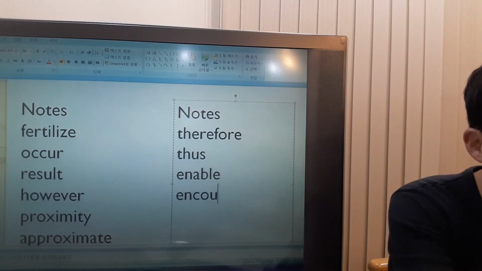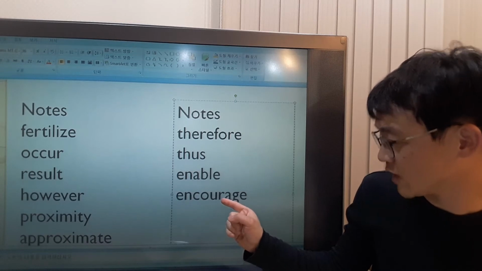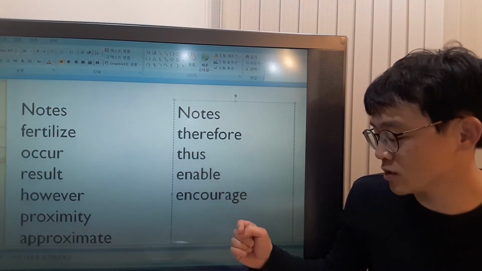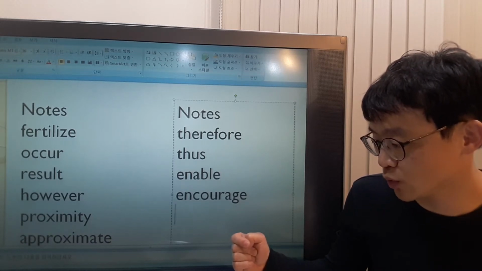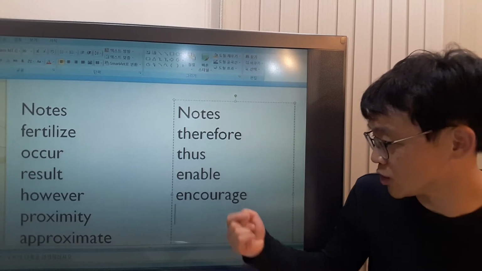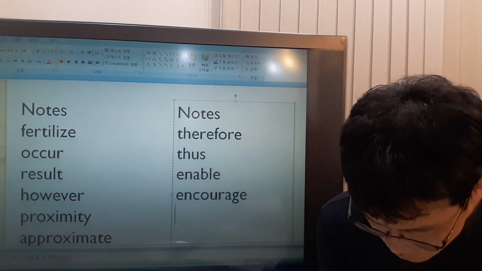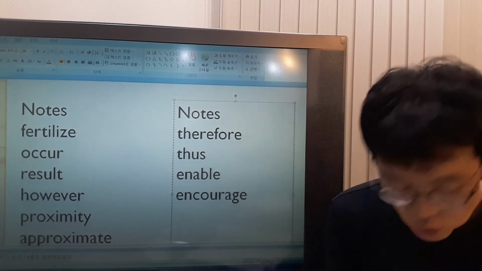Like, what does encourage mean? Encourage means give something courage. Okay. Encourage means to say that someone is doing very well and they should keep doing it. Enable them to reproduce.